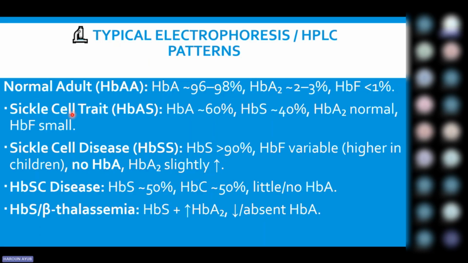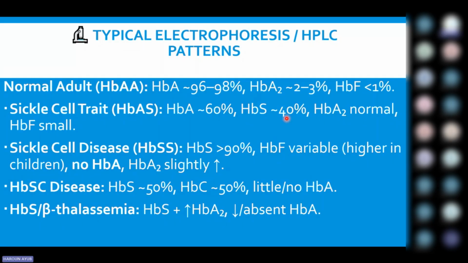In the sickle cell trait, HbA will be greater than 60%, while HbS will be about 40%, with HbA2 normal and HbF a small percentage. So they have a higher percentage of A as compared to S.